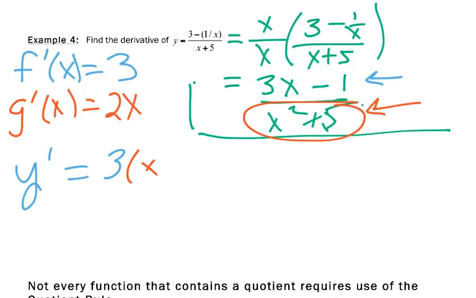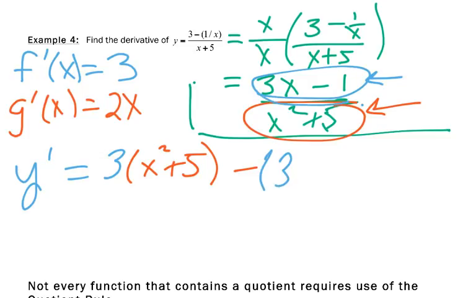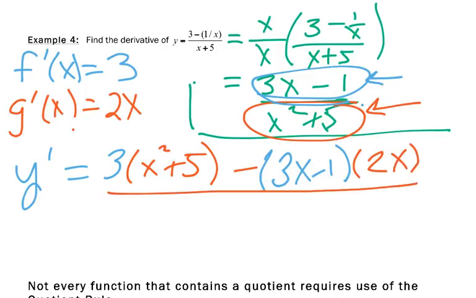So it's 3 times (x squared plus 5), then minus f of x, and f of x is this part. I'm going to need parentheses, (3x minus 1) times the derivative of g of x, so times 2x. And all of that is over g of x squared, so (x squared plus 5) squared.